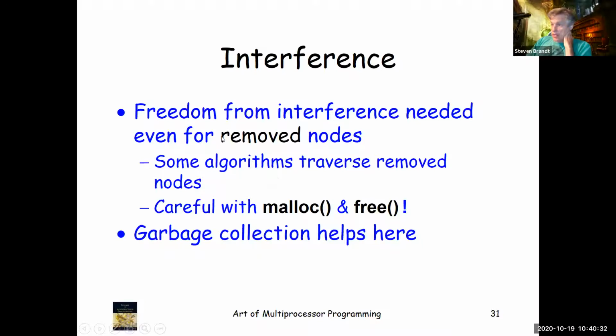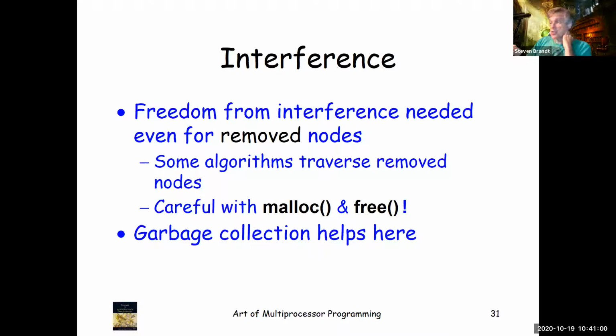So we need freedom from interference for removed nodes. Some algorithms traverse removed nodes, and we need to make sure everything works correctly. Now, for those of you who are fans of C or C++, these algorithms are going to be much more tricky if you want to implement them in that language, because you have to pay attention to garbage collection.